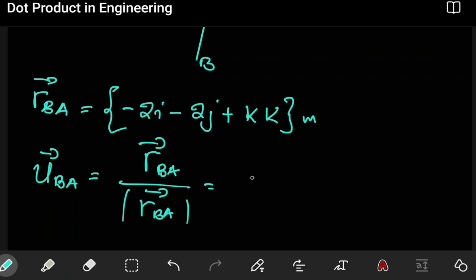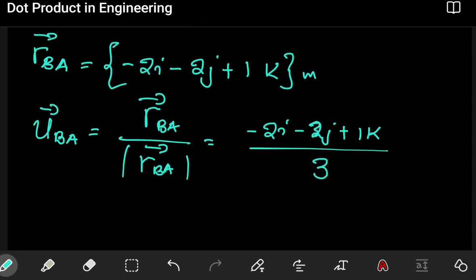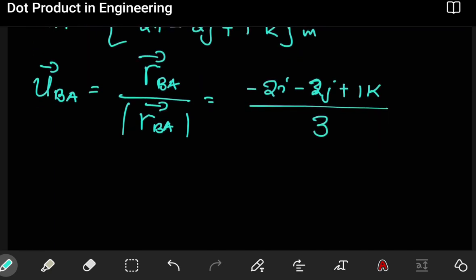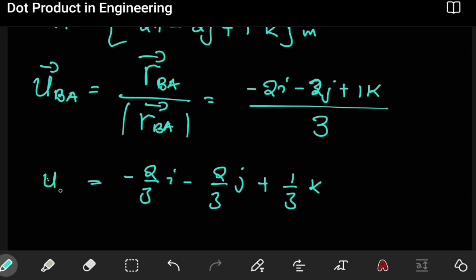So this is just the vector itself, minus 2i minus 2j plus 1k, divided by the magnitude of the vector, which is 3. From here, the unit vector simplifies to minus 2 over 3 in the i, minus 2 over 3 in the j, plus 1 over 3 in the k direction. So this is now a unit vector running from B to A.